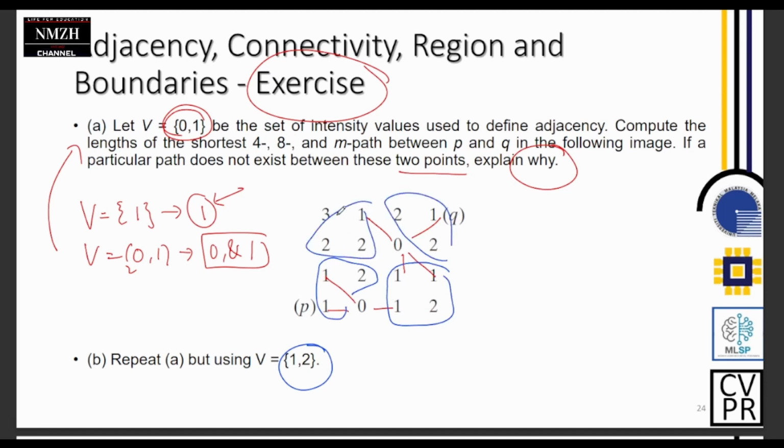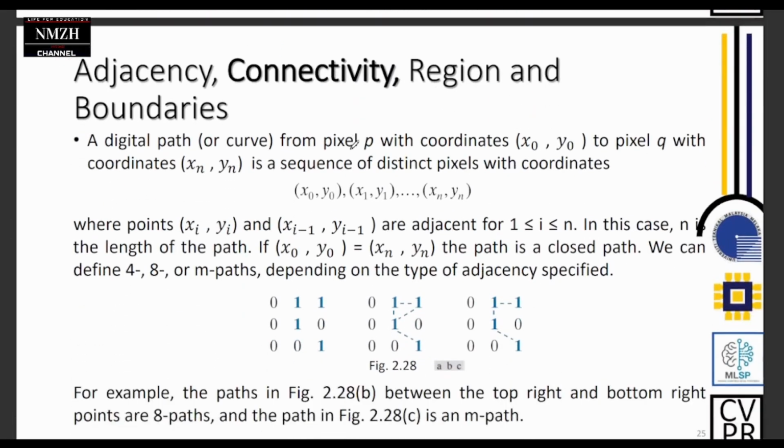That would be a different way because they are skipping the 0 and 3 for this one, while for this one they skip 2 and 3, right? So it depends on what steps are given to describe the adjacency. Okay, connectivity.